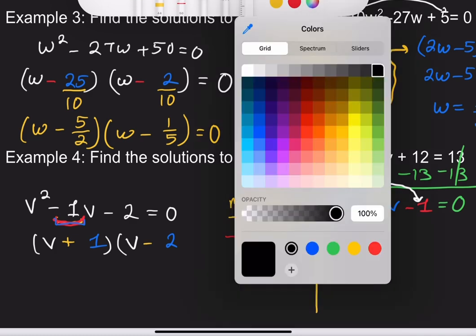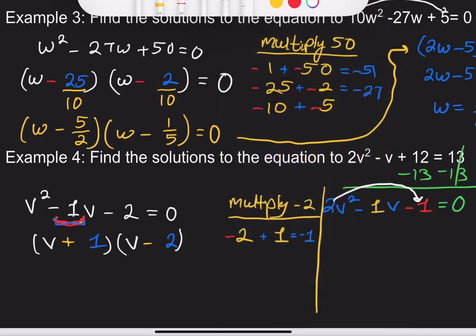Change the color on my pen. Now remember how we multiplied our 2 to our 1, right? We now have to divide the 2 from every term. Divide the 2 from the first constant. Divide the 2 from the second constant. 1 divided by 2 does not work. We know that 1 divided by 2 is 0.5.